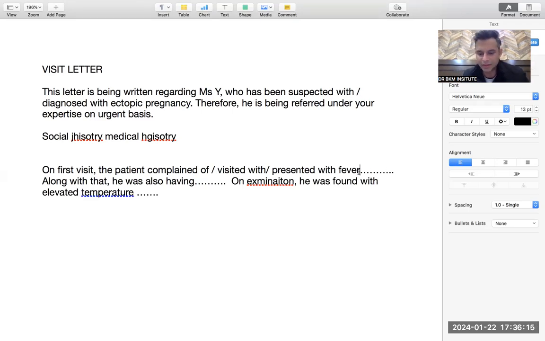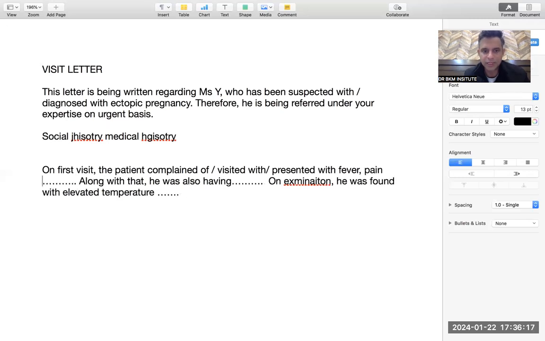Suppose he came with pain. Then most of the time, the sign of the pain is tenderness. So that means on examination, he was found with these signs. Then what will happen? Therefore, he was diagnosed with this.